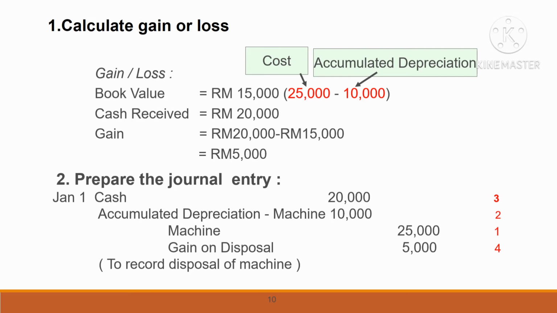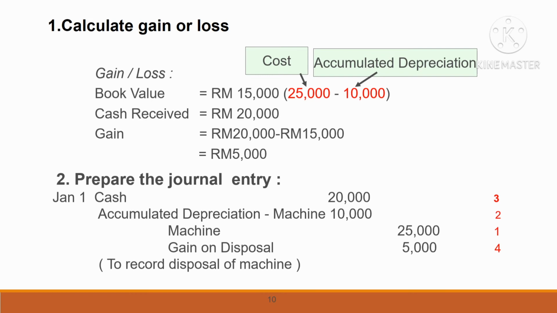Now the second one, we have to prepare the journal entry. The first step, we have to remove the asset, so credit machine RM25,000. The second one, we have to remove accumulated depreciation, so we debit accumulated depreciation. The third step, we have to record cash received, so debit cash received, and the missing figure is in the credit side.